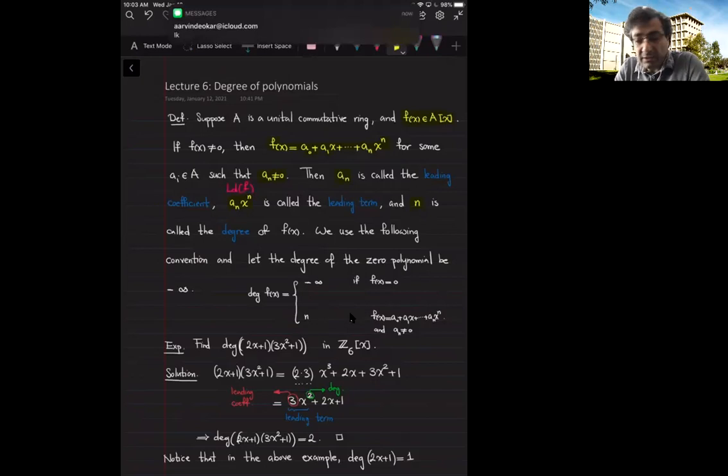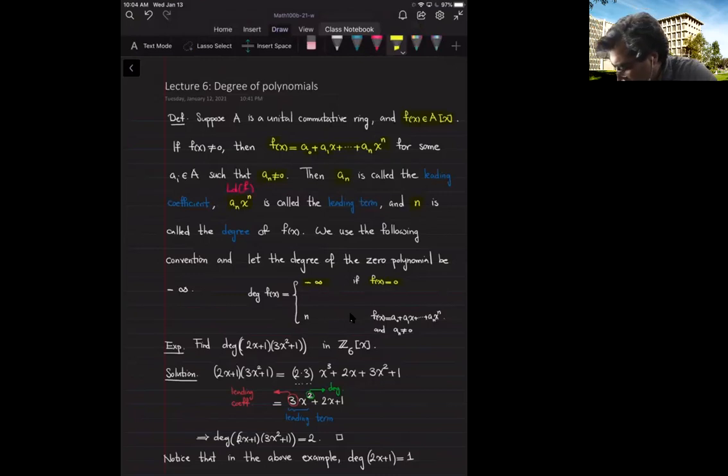Okay, so what about 0? We take the following convention: if I give you the 0 polynomial, then its degree is negative infinity. So the degree of the 0 polynomial is negative infinity. That's, again, a convention that we are using in this course.